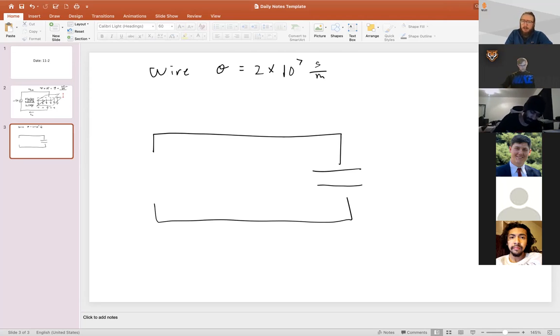Do you have a feel for what this number means? So this is a pretty high conductivity. This is about the conductivity, I think, of aluminum, which is just a little bit less than copper. So 10 to the 7th is basically the conductivity of very conductive materials.